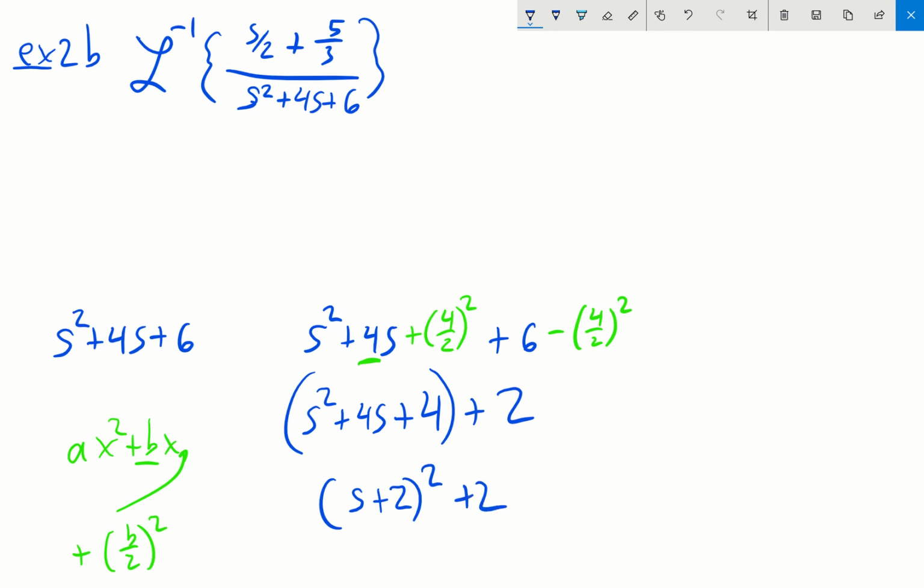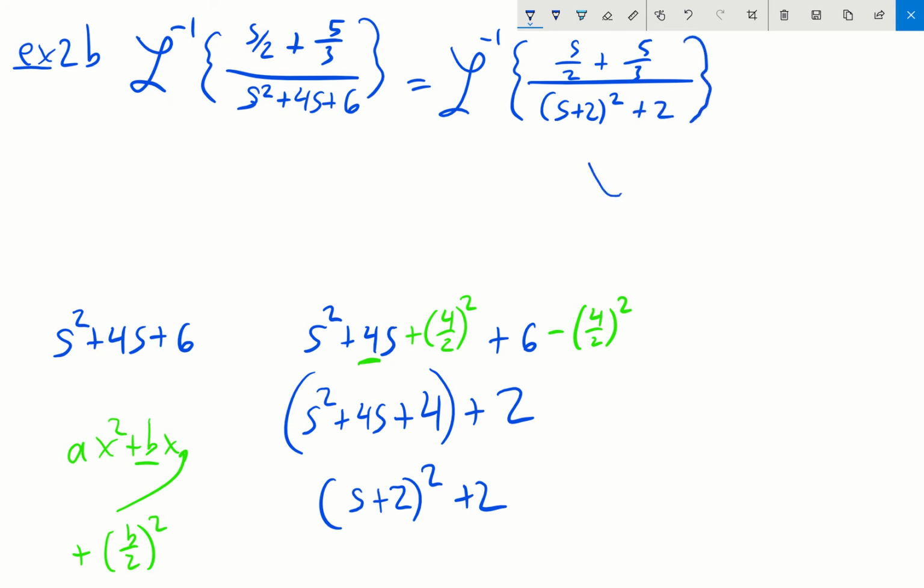So we now have our denominator as a perfect square. So we can rewrite this as the inverse Laplace of (s/2 + 5/3) divided by (s plus 2) squared plus 2.